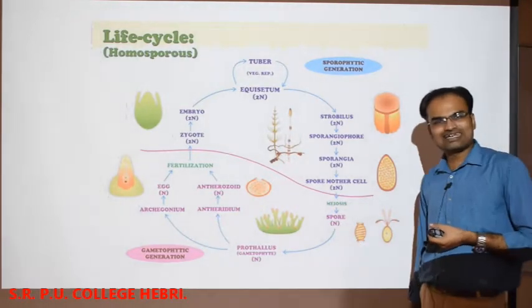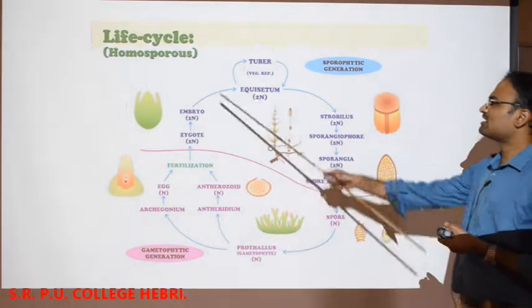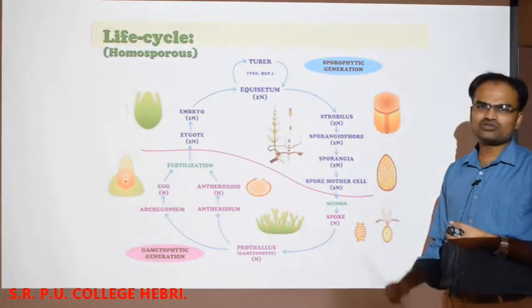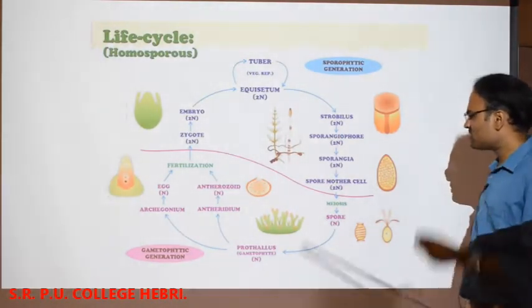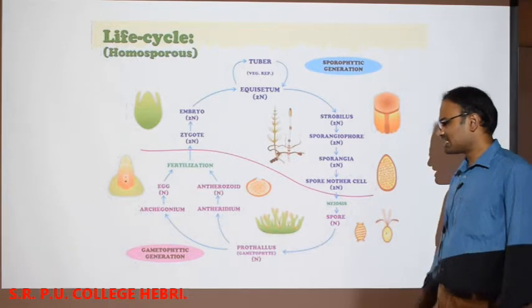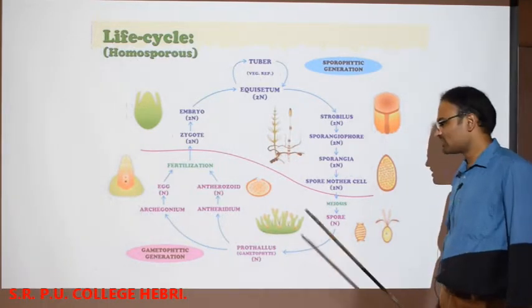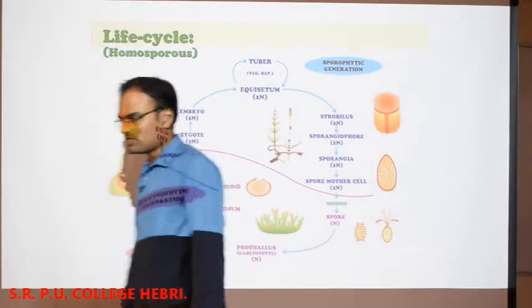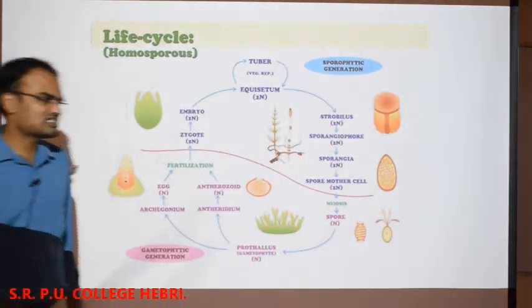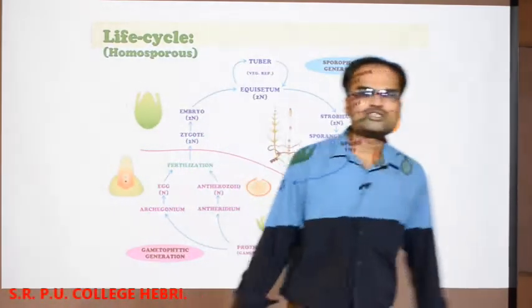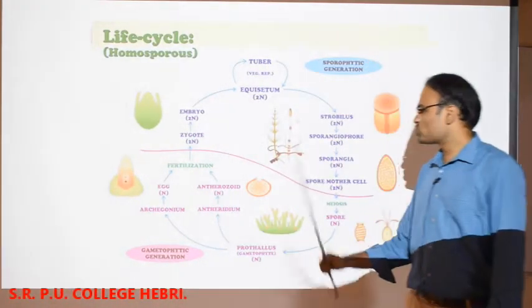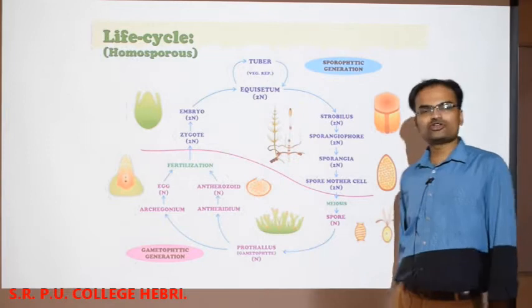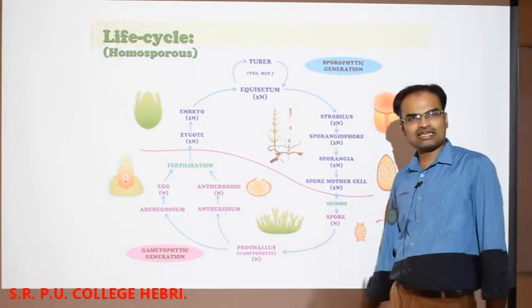That spore when it germinates, here in case of homosporous you cannot differentiate male and female. It will just develop into a prothallus. It's a gametophyte. That prothallus is going to produce antheridium and archegonium, male and female sex organs respectively. So antheridium is going to produce the anthrozoid, archegonium is going to produce the egg cell which is female gamete.